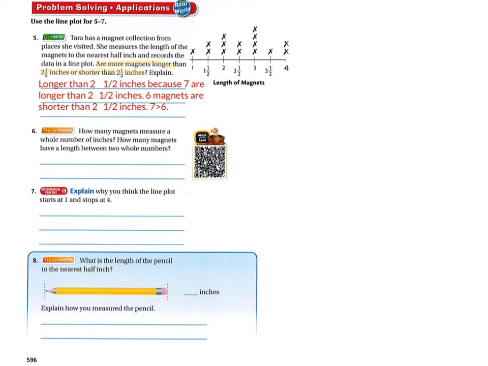So for longer than 2.5, I am looking over here. This is longer than 2.5. So remember, these numbers are the lengths. These are inches. So this means right here, this is 3 inches, and there were 1, 2, 3, 4 magnets that were 3 inches.